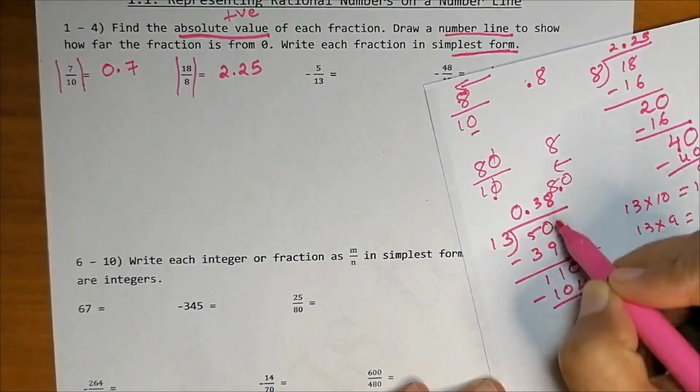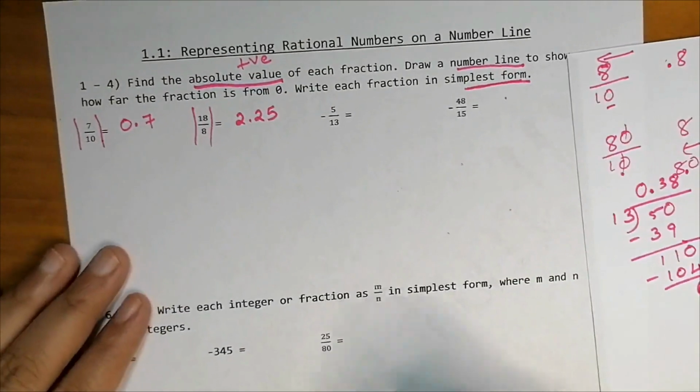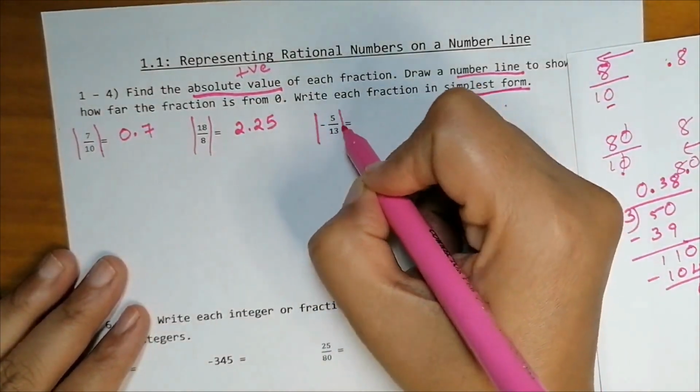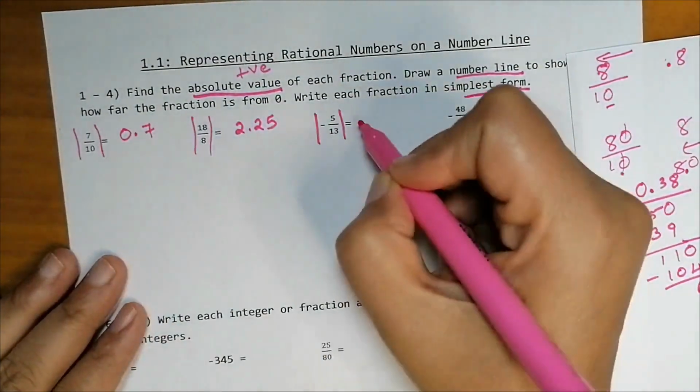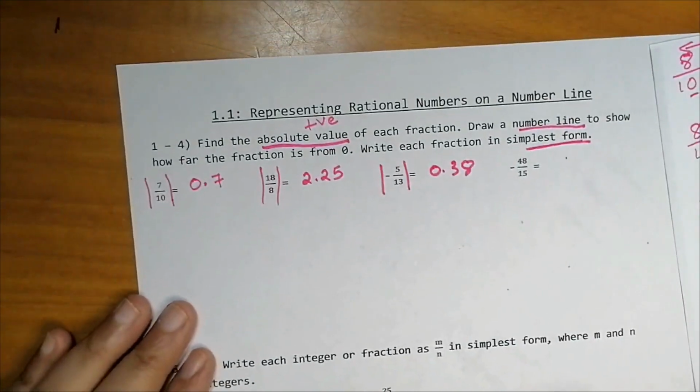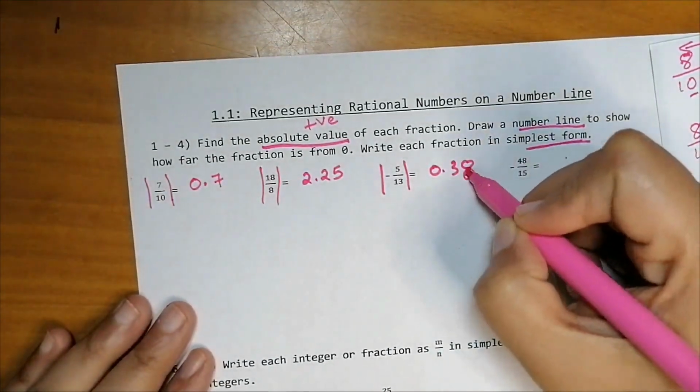Then you go on. But we'll just take up to 2 digits, okay? Because we need to put them on the number line, right? Though this is negative here, our absolute value will be 0.38. It will not be negative, right?